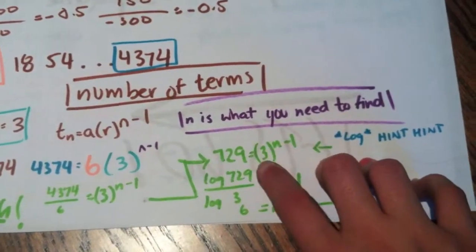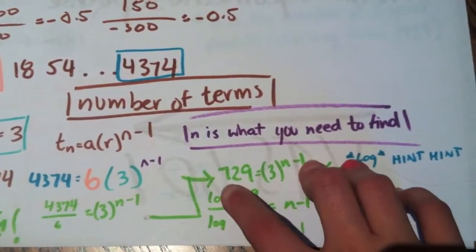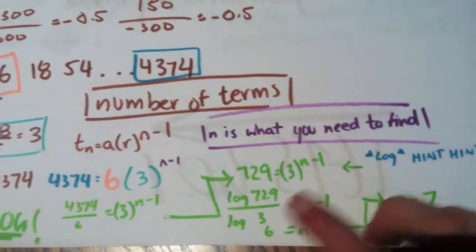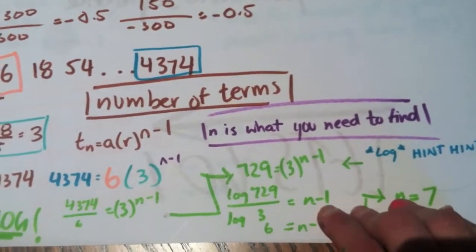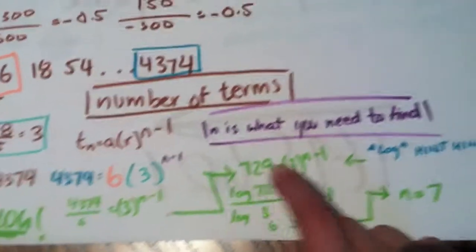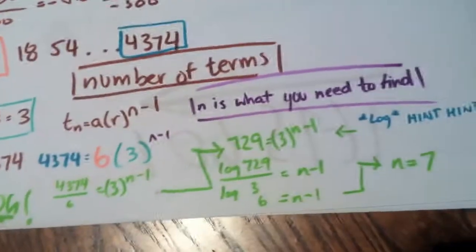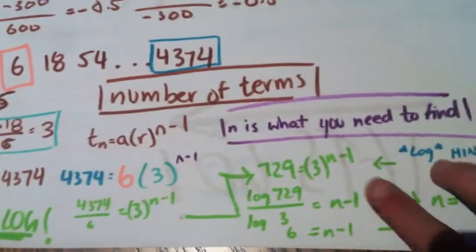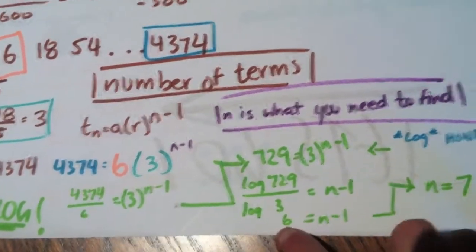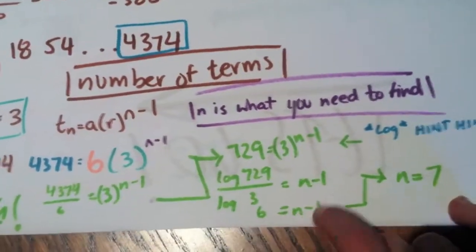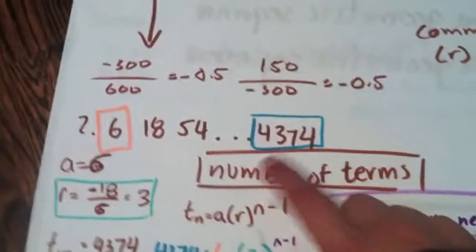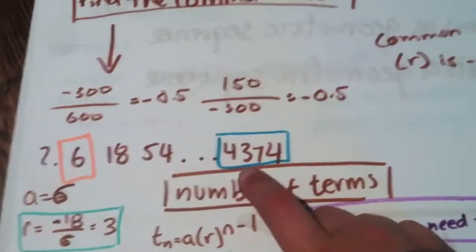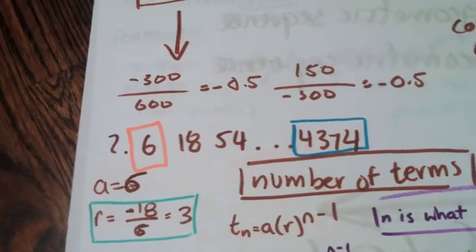So you use log 3 and log 729. With that you can bring the exponent n minus 1 down, and you would divide the logs together. Once you divide them, you would get 6. So now 6 equals n minus 1. You bring the 1 over and you get 7. So this number is term 7 in this geometric sequence.